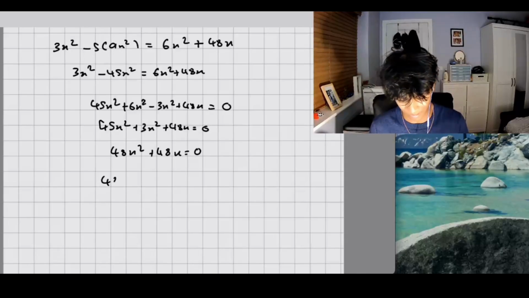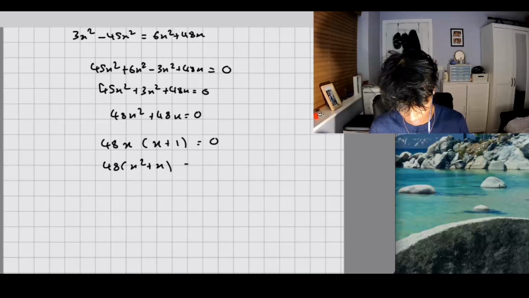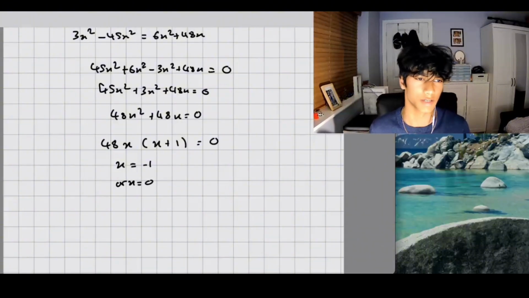Now if we just take the 48 out and the x out, you get x plus 1 equals 0, or x squared plus x. So we get x equals minus 1 or x equals 0. That's the x coordinates of the stationary points.